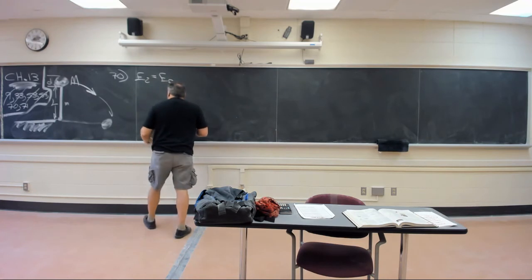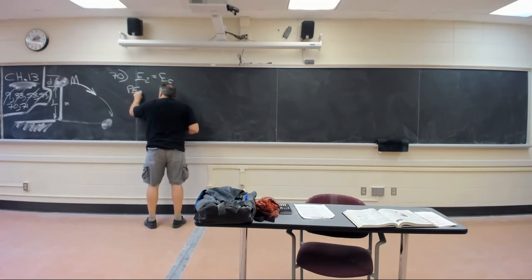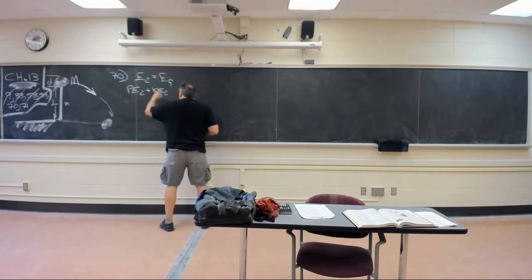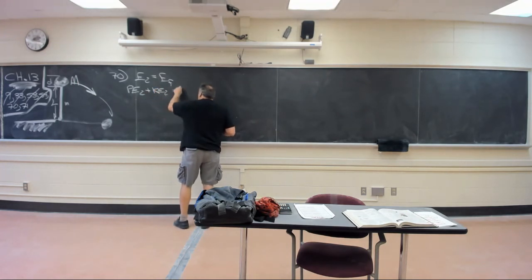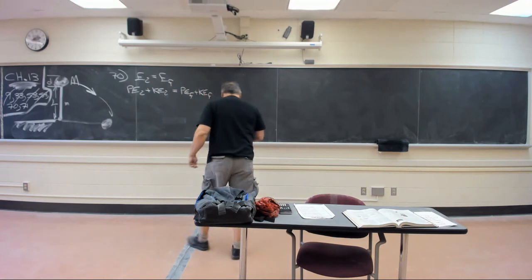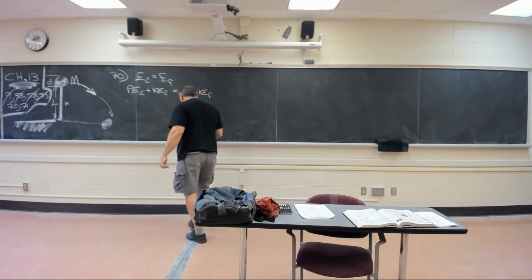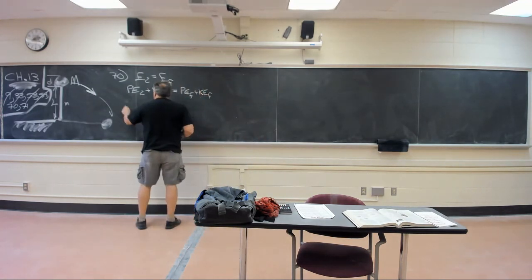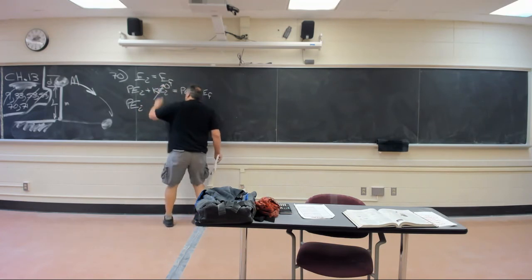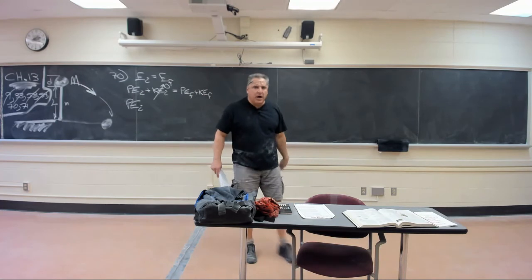We've got this right here. You know the deal on this stuff, guys. You've seen this. Potential energy plus kinetic energy initial equals potential energy plus kinetic energy final. Let's make it easy. The initial kinetic energy of the system is 0. It just got nudged.